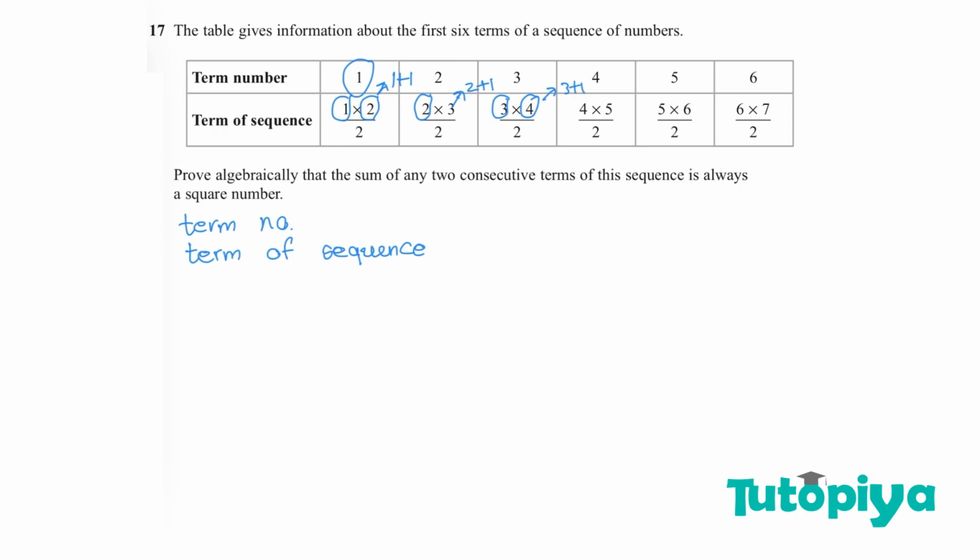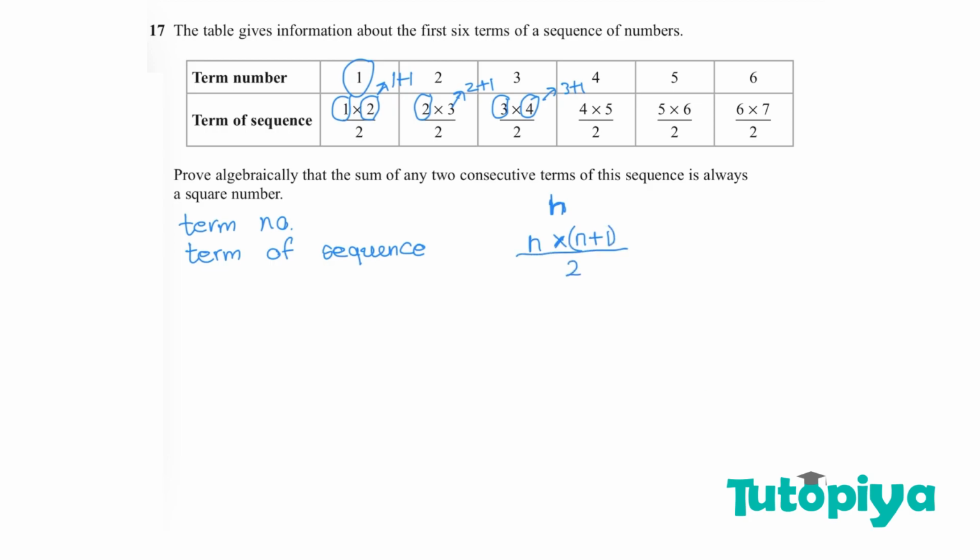So there's a pattern, and using that pattern, I want to generalize this for any variable. That is why I'm going to introduce n as my term number. If I introduce n as the term number, then comparing with the same pattern above, this should be n times (n plus 1) over 2.